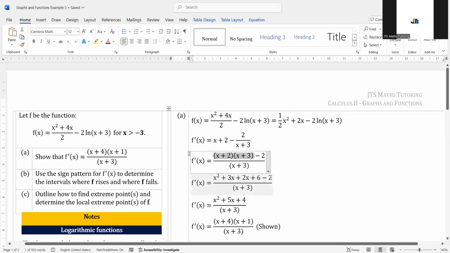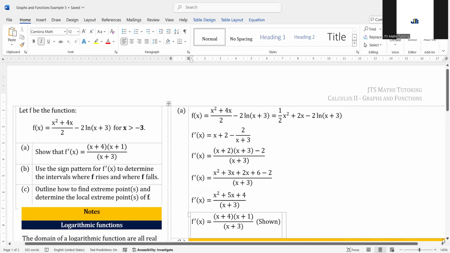So we have x squared plus 3x plus 2x plus 6 minus 2, which is actually going to give us x squared plus 5x plus 4. Our next step is to factorize this numerator, which gives us these two factors, (x plus 4) multiplied by (x plus 1). Boom. We have managed to show what they wanted us to show.